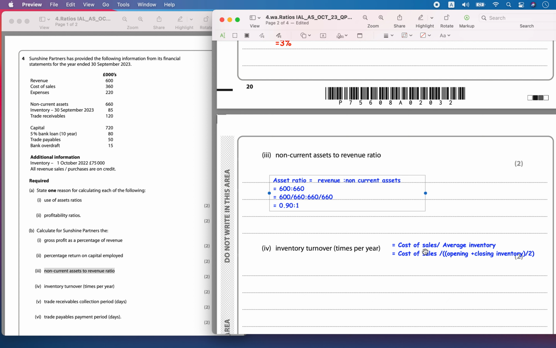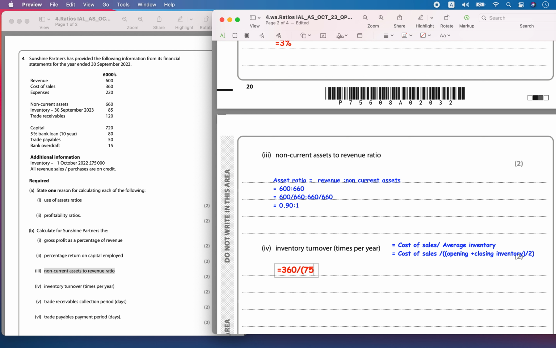Then inventory turnover, it is equal to cost of sales over average inventory. Average inventory is opening inventory plus closing inventory divided by 2. So that is equal to the cost of sales, 360, over opening inventory, which was 75.